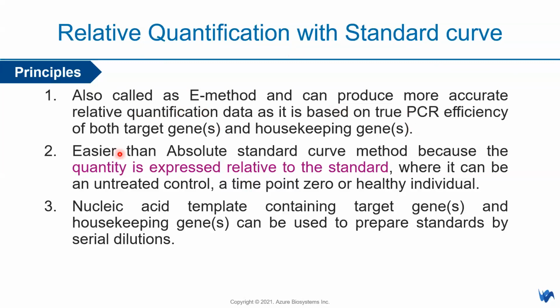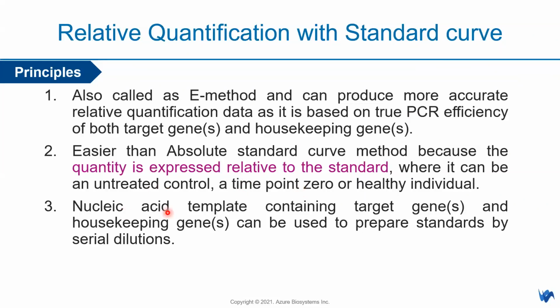It is easier than the absolute standard curve method because the quantity is expressed relative to the standard. So you have a standard. The standard can be either your untreated control, a time point zero, or even a healthy individual. By the end of the day, you want a quantity expressed relative to your healthy people, like how many fold higher, how many percent lower.